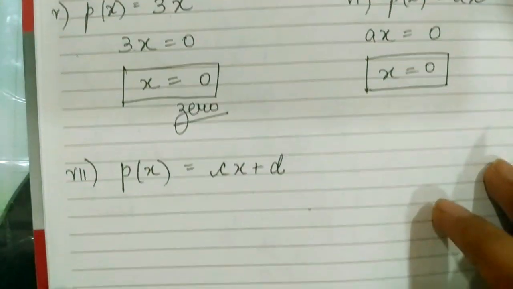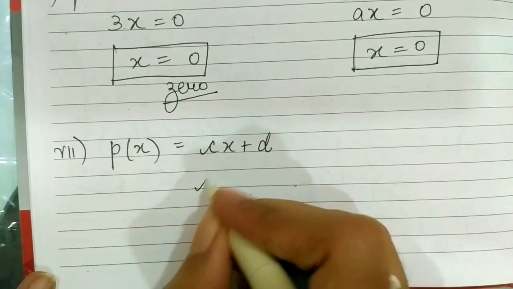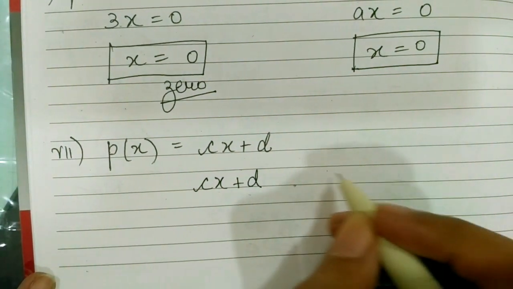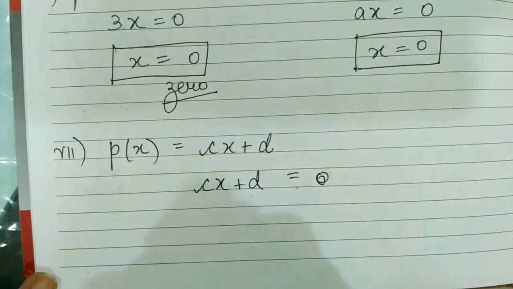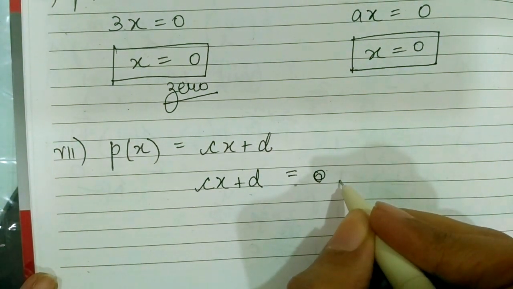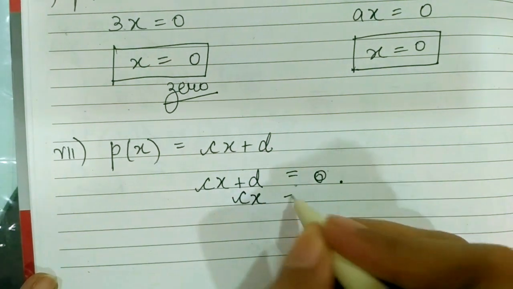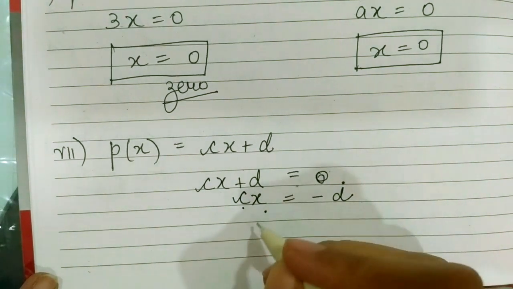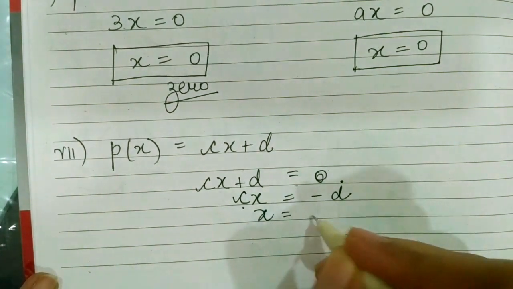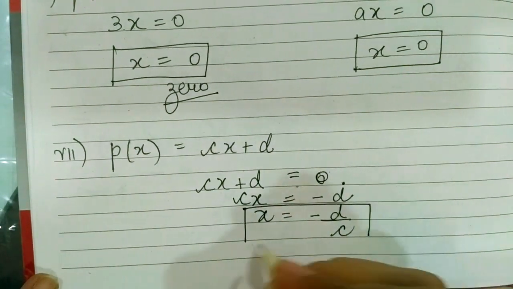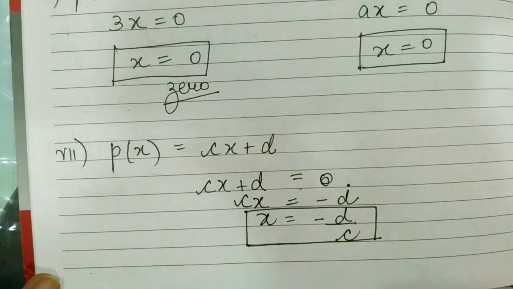In the case of polynomial cx plus d, we will start by assuming it or equating it with 0. When d goes on the right hand side, the sign will change from positive to negative. c is in multiplication with the variable, so it will go on division. So x equals minus d by c is the zero of the given polynomial.